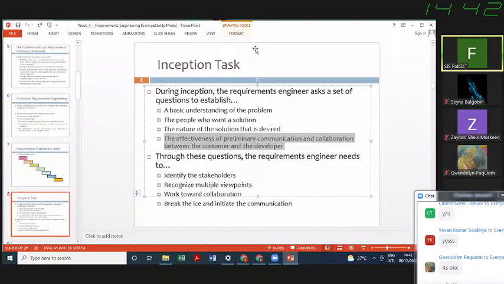So through these questions, the requirements engineer needs to identify the stakeholders. It's very important. We need to have an identification of the different stakeholders.